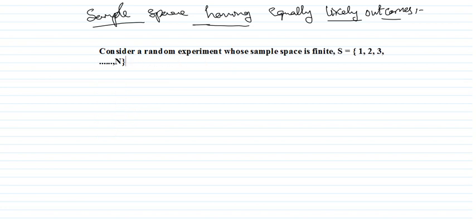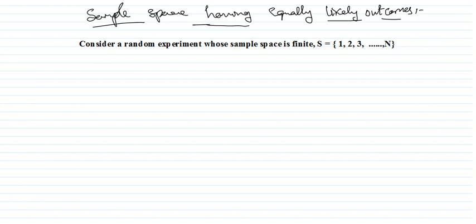It means we can say the chance of getting 1 is the same as the chance of getting 2 and 3, up to capital N. And from the axioms of probability only we are going to take this definition.